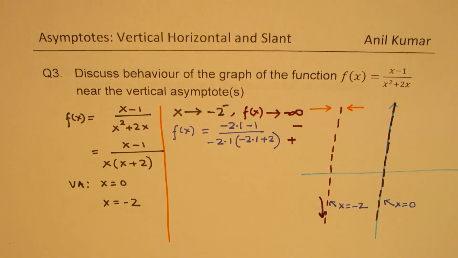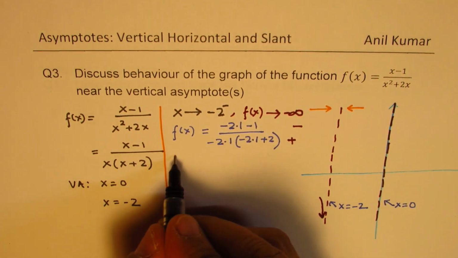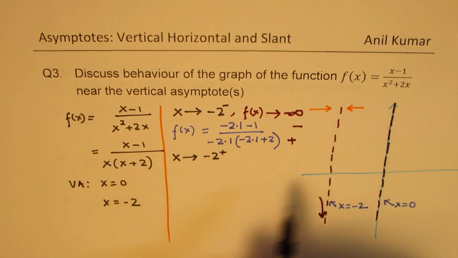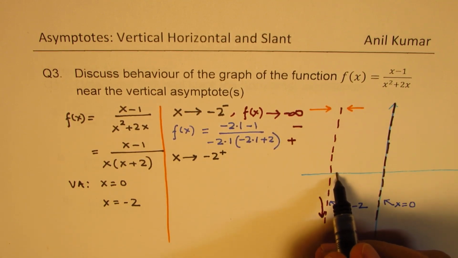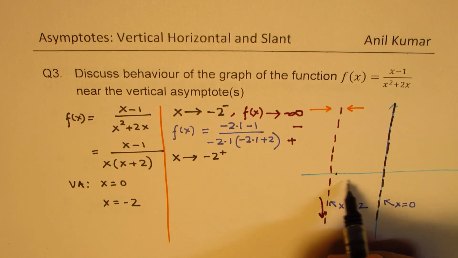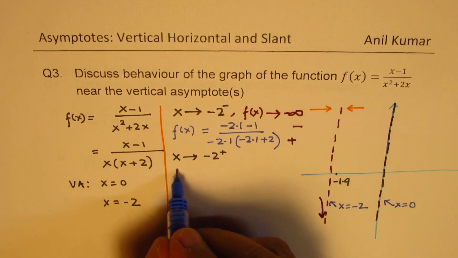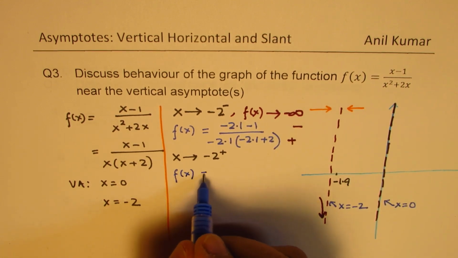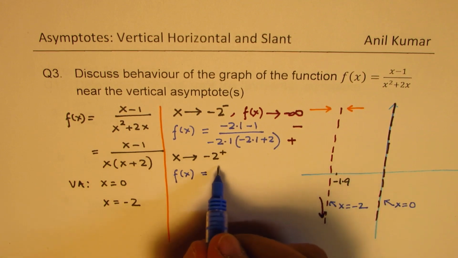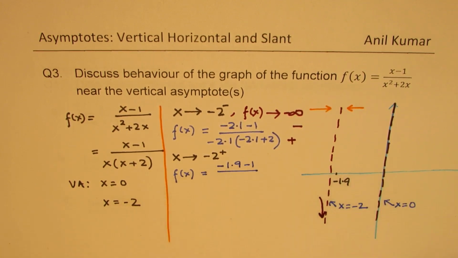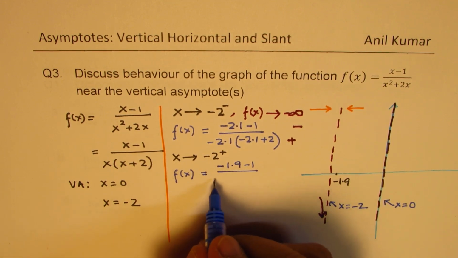Do you see that? Now let's analyze what happens when x approaches negative 2, but from the right side. Right side means we can take a value like minus 1.9. So let's substitute that and check. So it's kind of a test point, right? If I write minus 1.9 minus 1, we know for sure the numerator is negative.